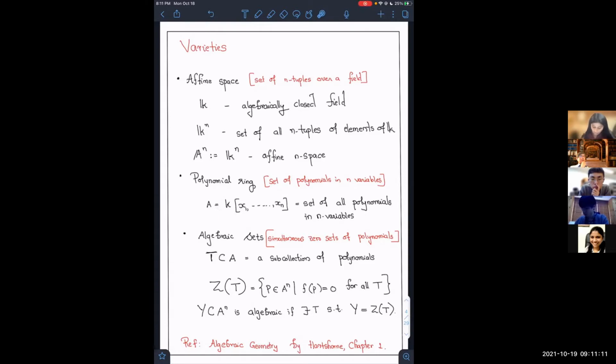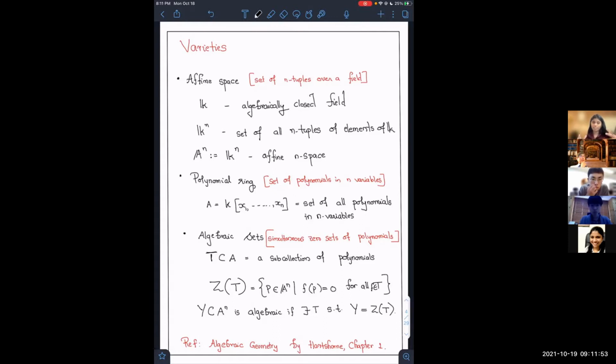Now, how do we formally define these zero sets? Suppose we take a subcollection of this polynomial ring, and let's call it T. We define the zero set of T, Z of T, as all the points in the affine space such that the point is zero for every element in the subcollection T.